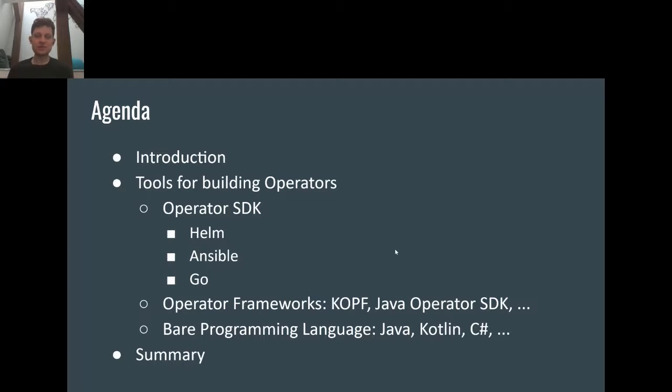Then we will walk through some less popular solutions, like using other operator frameworks. And then we will end up with the most, maybe not difficult but time-consuming way, which is writing an operator from scratch in your favorite programming language.